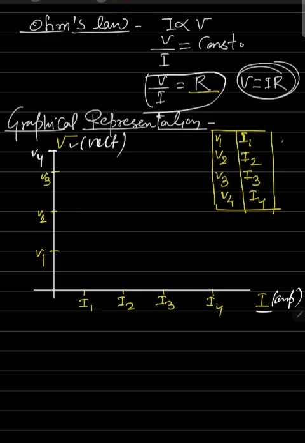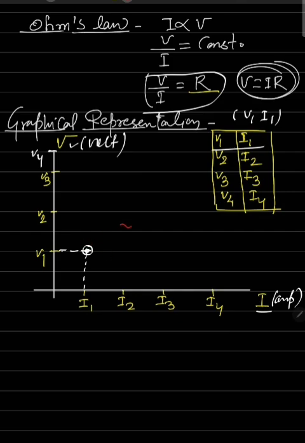Now we have to make the points. V1 and I1 make one point. Suppose this is V1; we extend V1, and we also extend I1, and we get an intersecting point between them.